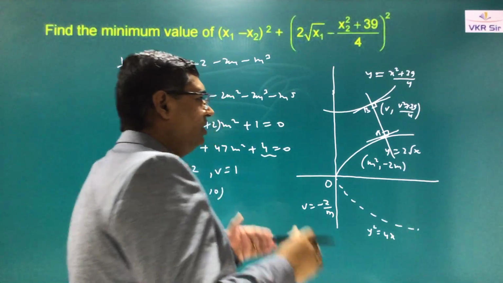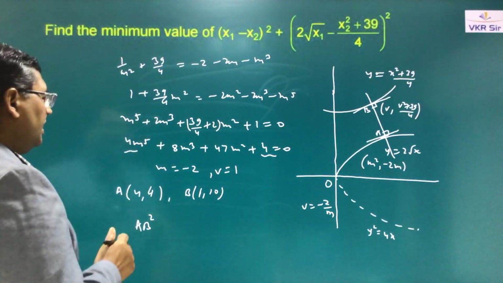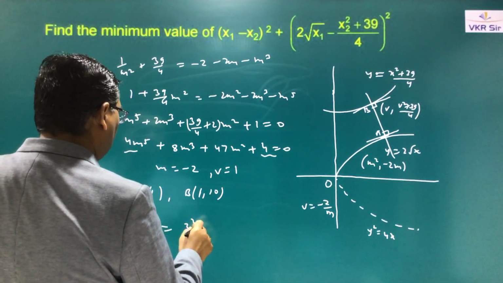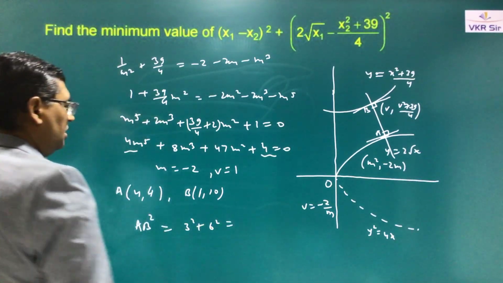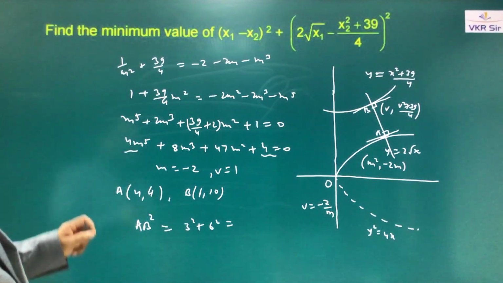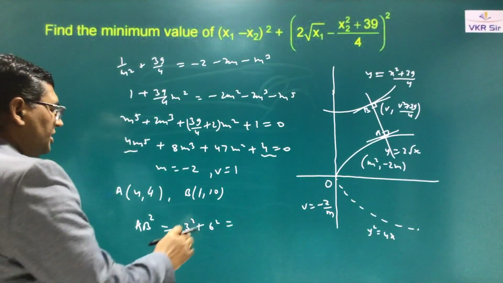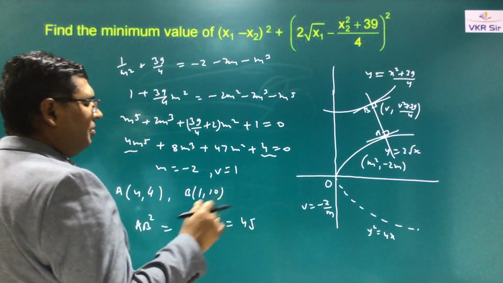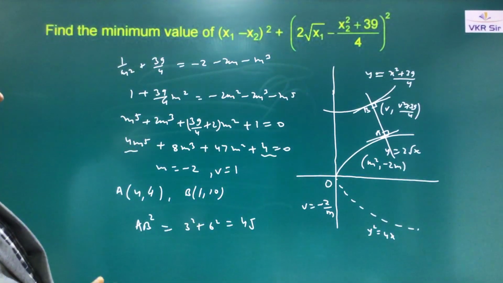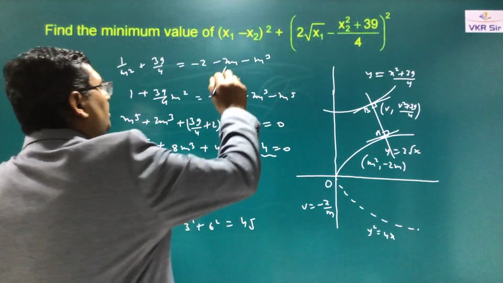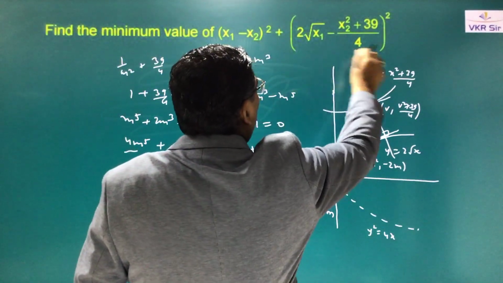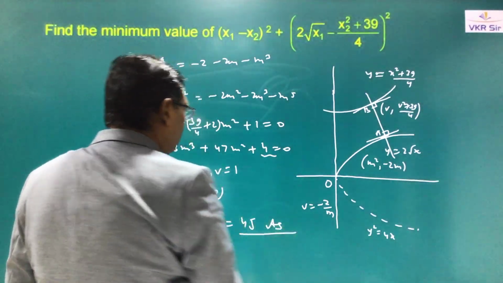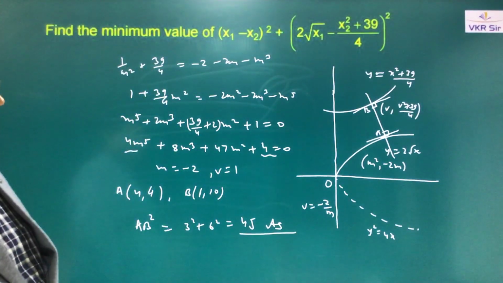So AB square is equal to 4 minus 1, 3 square plus 6 square. So it is 36 plus 9, that is 45. All right. If we want the distance, it will be under root of 45, but right now we need the square of it because this is distance square. So this is going to form our answer.